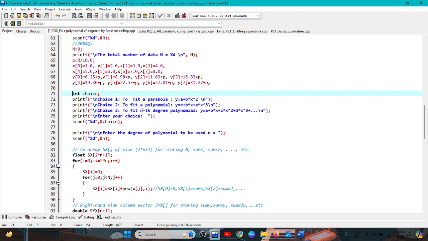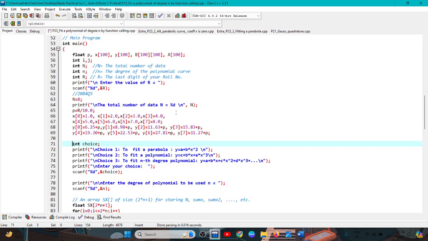Choice 3, fit the nth degree polynomial. So either straight line or parabola or cubic polynomial or higher order polynomial. Enter your choice. Scanf this.